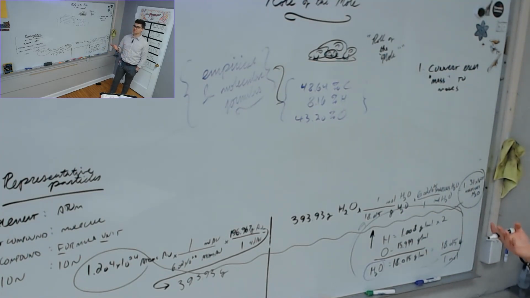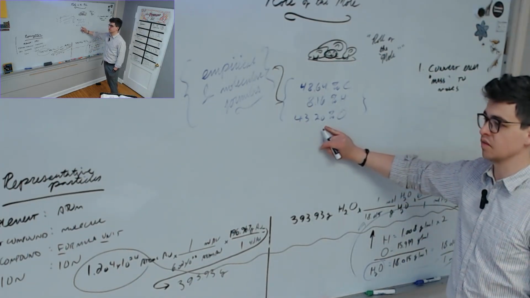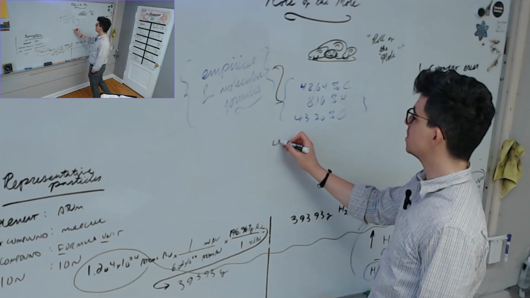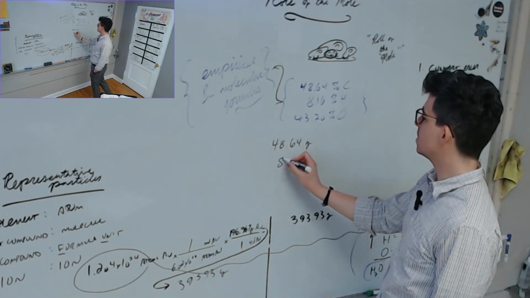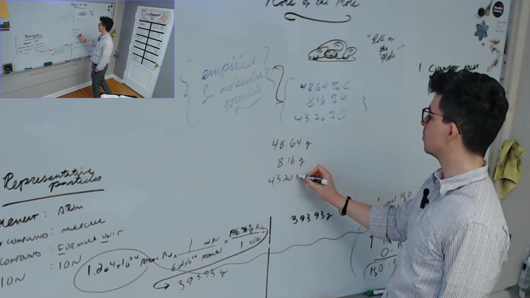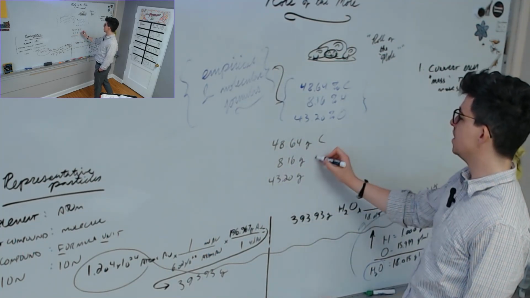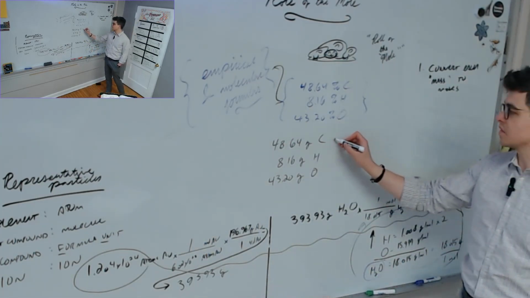Basically, we assume that we have 100 grams of the substance and we use all these percentages as if they were just masses. So we convert each of these to moles: 48.64 grams, 8.16 grams, and 43.20 grams of C, H, and O respectively. So that's step 1. Well, it's half of step 1.